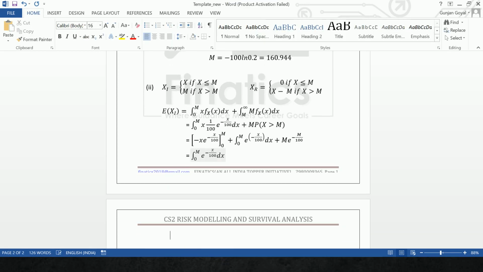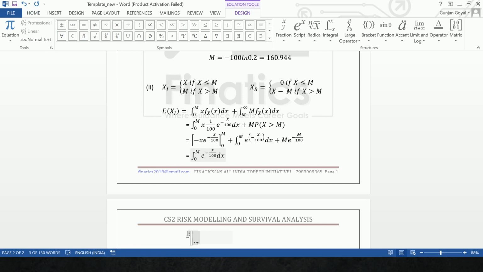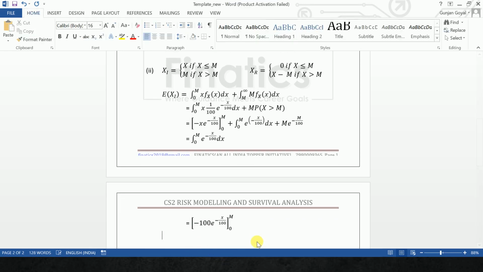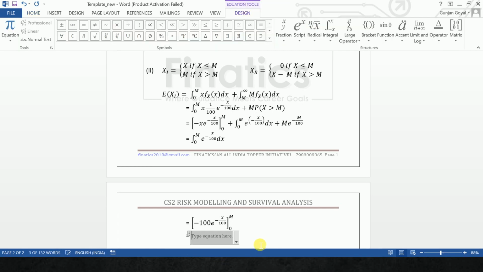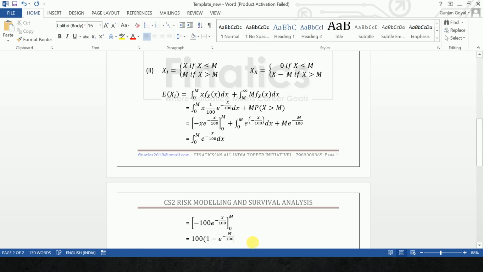Now we break this, putting in our values, we get minus 100 e to the power minus x by 100 with limits 0 to M. So this becomes 100 into 1 minus e to the power minus M by 100. So this solves this.